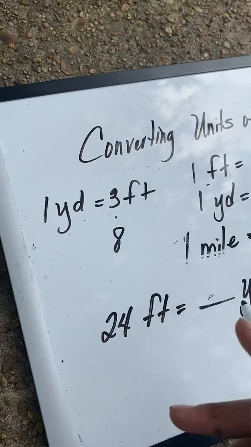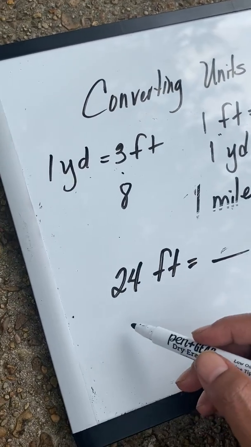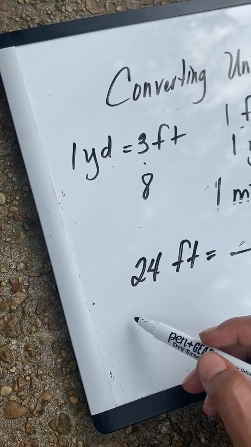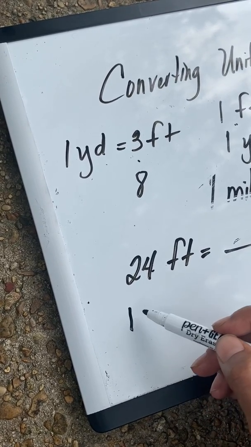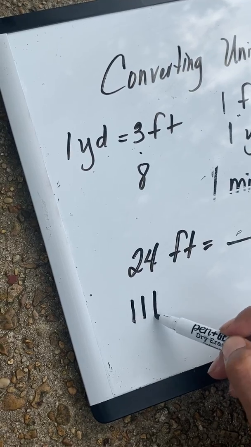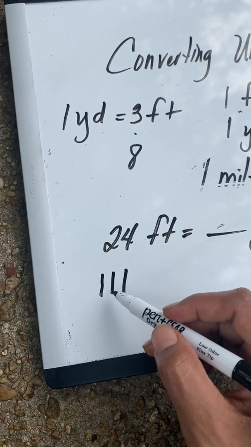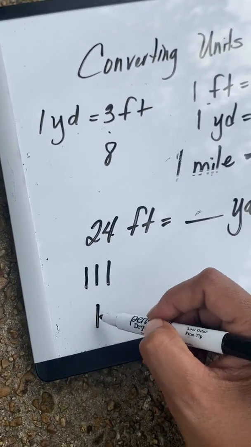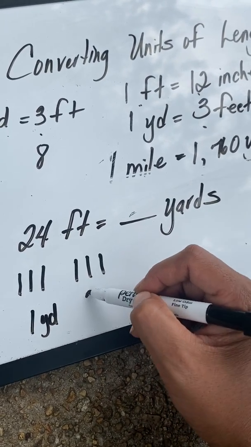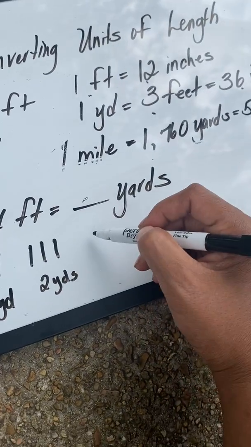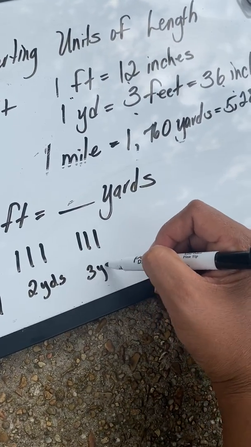This is almost equivalent to saying, here's a yard. No, hold on. This is equivalent to this. This is 3 feet, 1 yard. Here's 3 more, 2 yards. Here's 3 more, 3 yards.